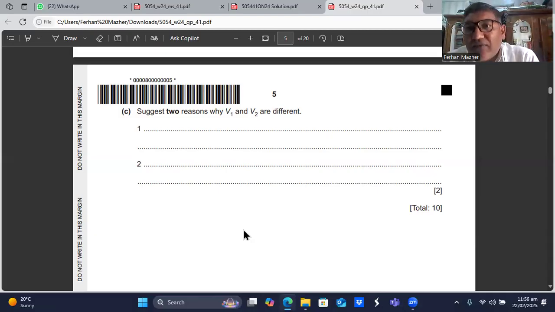So when you are transferring water, it is possible that some of the water still remains in the straw. It is also possible that the straw is not filled up to its full capacity, or that some of the water has splashed out. So these can be different reasons.